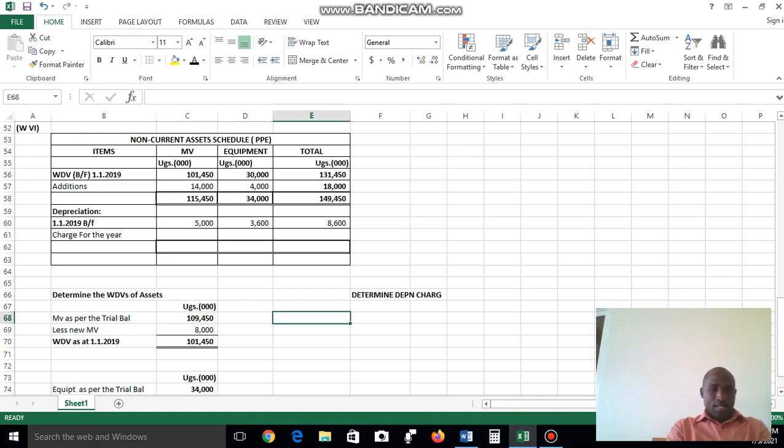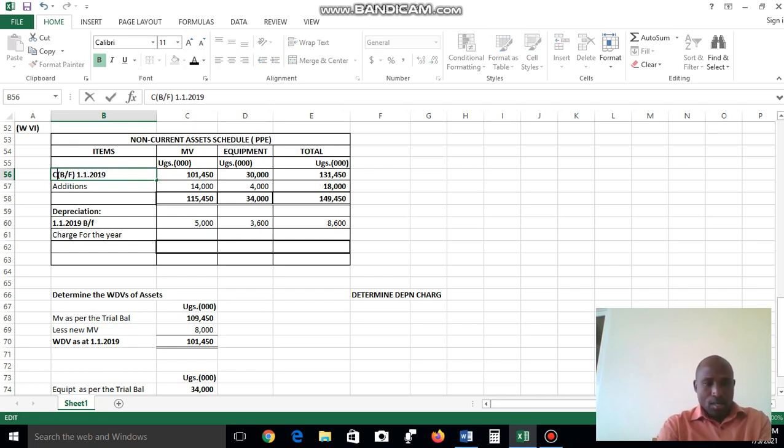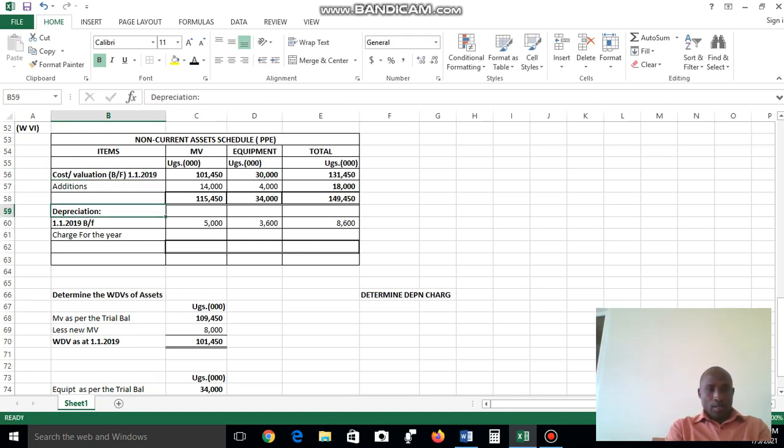We shall take into account the value. In fact, it is cost stock valuation. We can take this one to be the cost stock valuation as at first that.